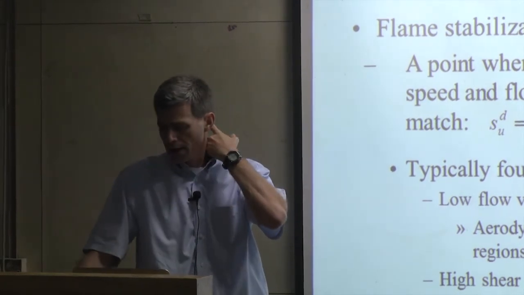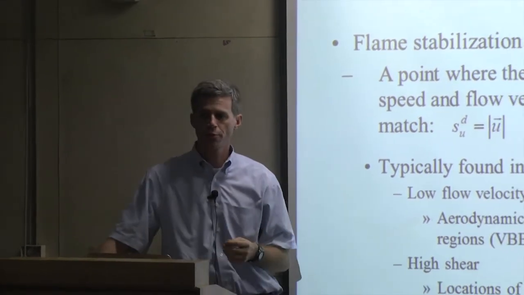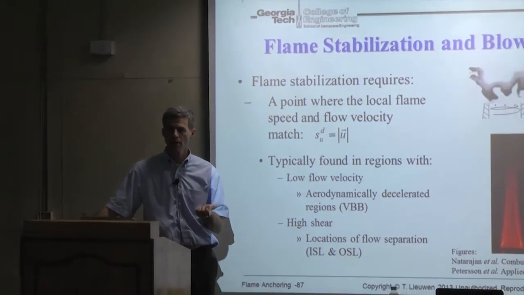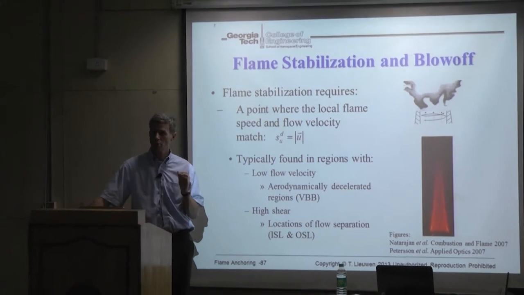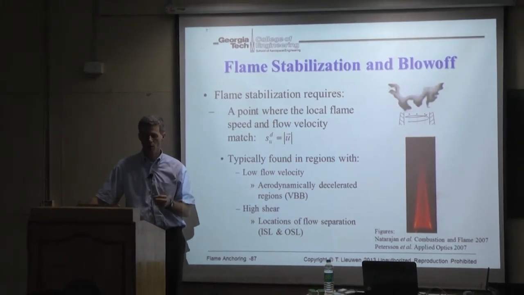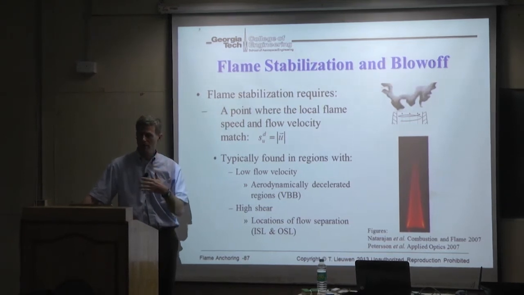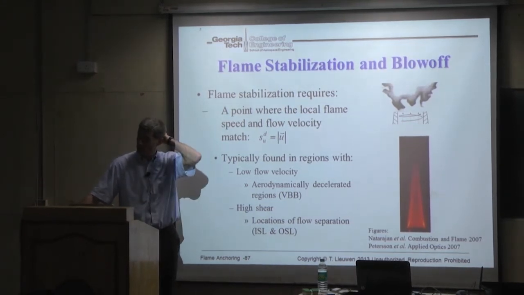In general, flames stabilize in regions of very high velocity gradients. Those velocity gradients can be shearing type velocity gradients or tangential straining, or they can be regions of very high flow deceleration.